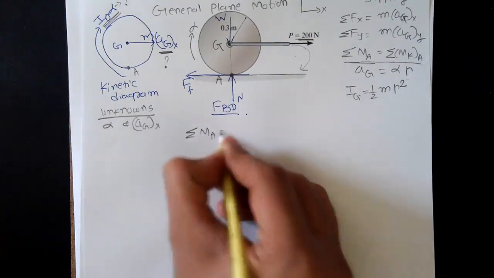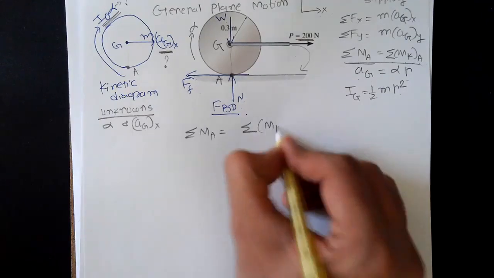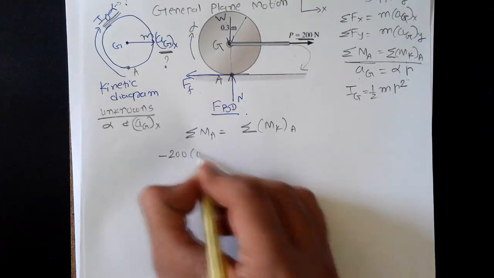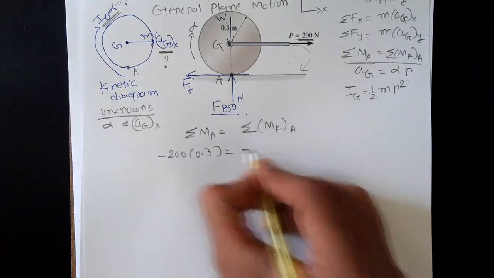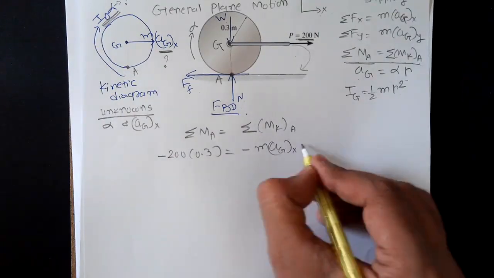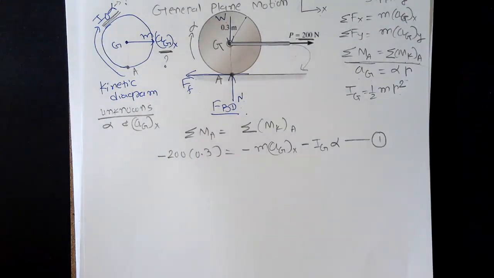Sum of moments about A is equal to the sum of all kinetic moments about A. So this is minus 200 into 0.3 from the free body diagram, and this is minus m AgX minus Ig alpha. Let's call this equation number 1.